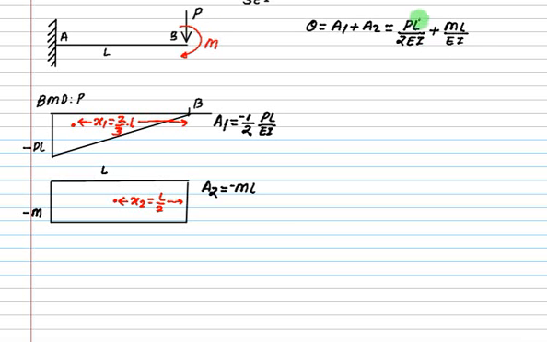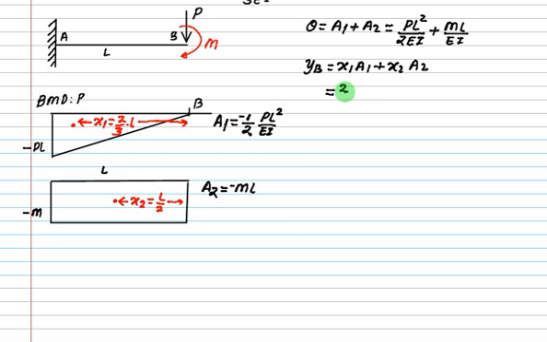The area of this one is PL into L, so that is PL square. Y at B is equal to X1 A1 plus X2 A2. What is X1?